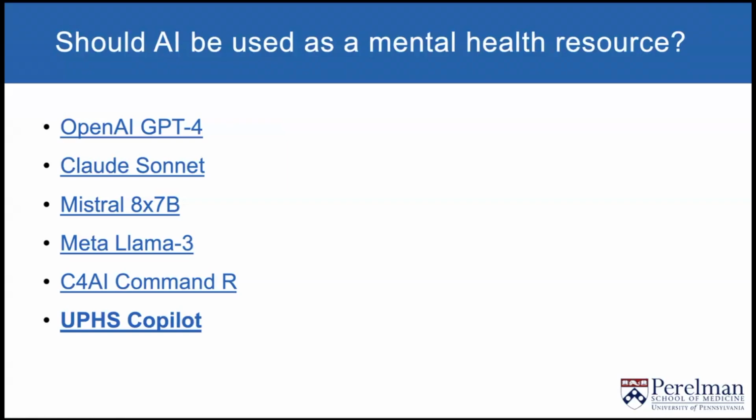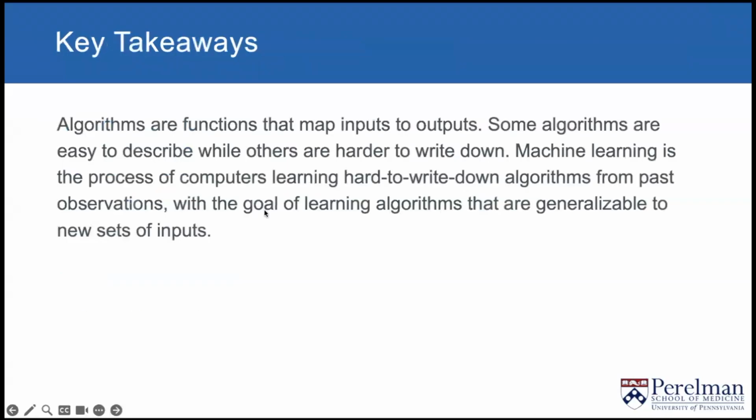Okay, so what are the key takeaways that I hope you take away from this? Number one, algorithms in general are just any function that maps a set of inputs to outputs. Inputs being lab values, medical data, imaging data, whatever. Outputs being certain other lab values, or predictions, classifications, segmentation maps, some of which we'll talk about in future modules and recitations.